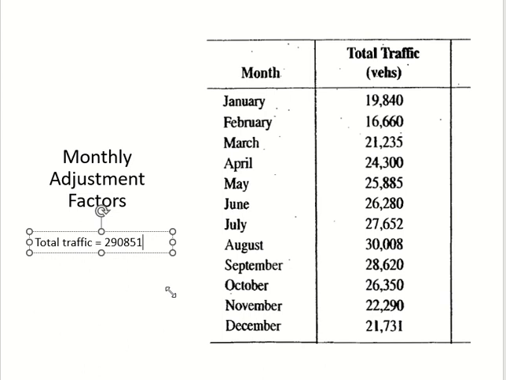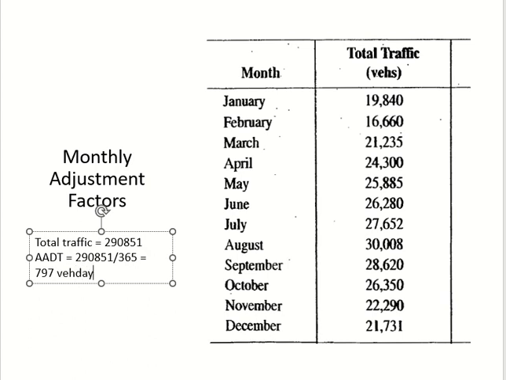Divided by 365 days? Yes, if you are from planet Earth. It's going to be 796.8 vehicles per what?